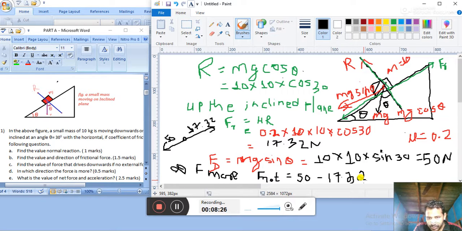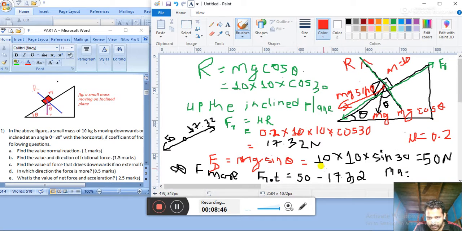Now if the question says find the net acceleration, if you calculate this value you will get 32.68. Net force means F net equals ma.